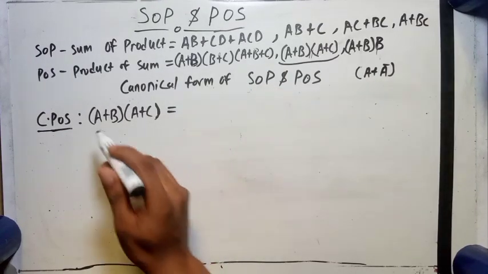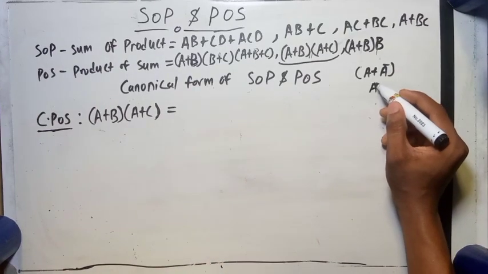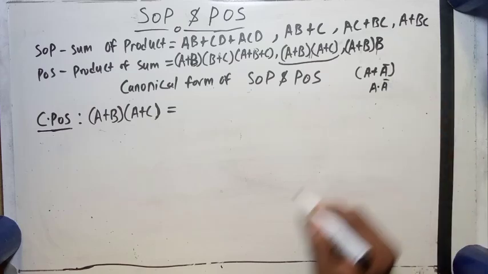This time around, in each of the sums, we're going to be adding A times A bar.